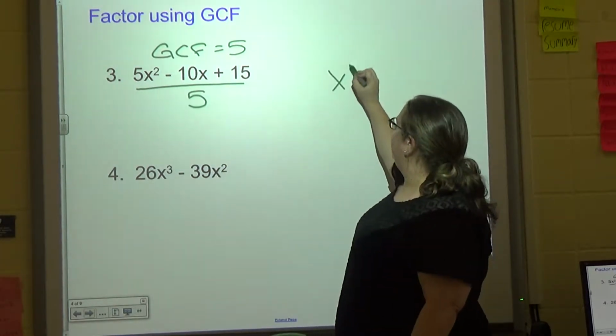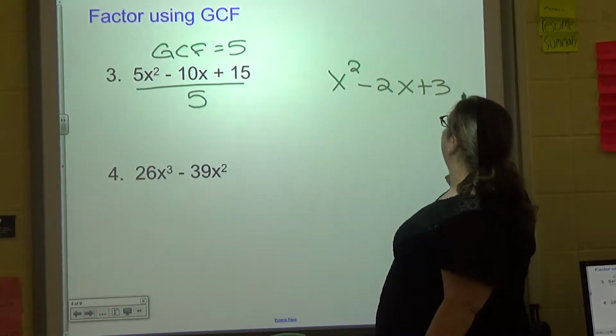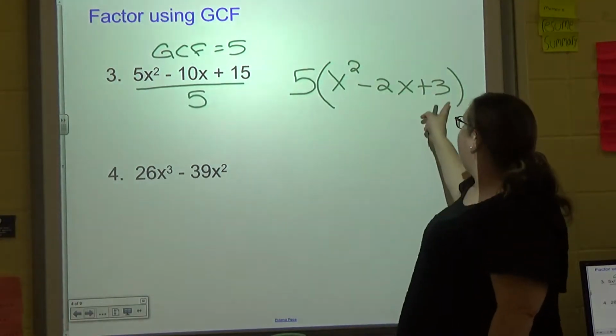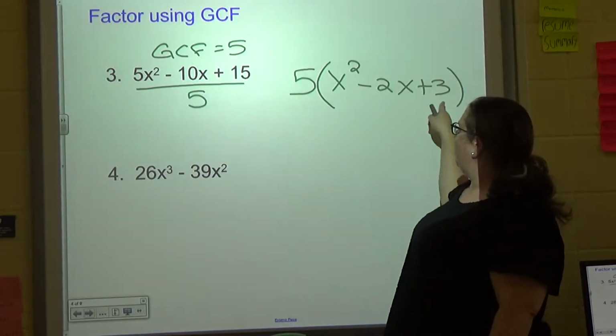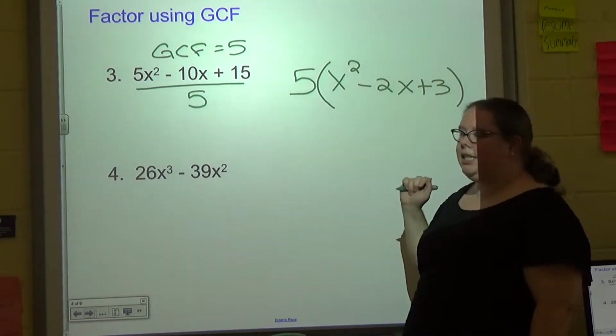So we get x squared minus 2x plus 3, parentheses, and put our GCF on the outside. Now you could try to factor this, but that's actually not factorable on the inside. This trinomial is prime.